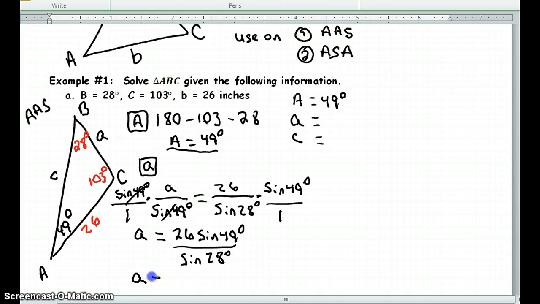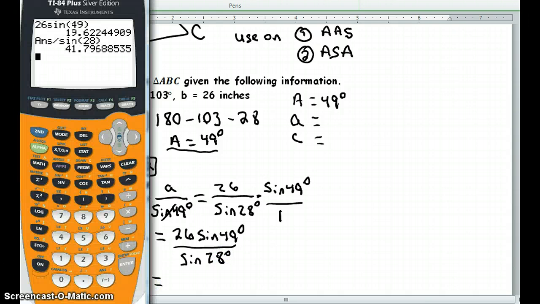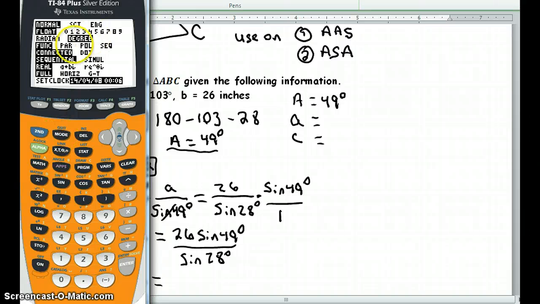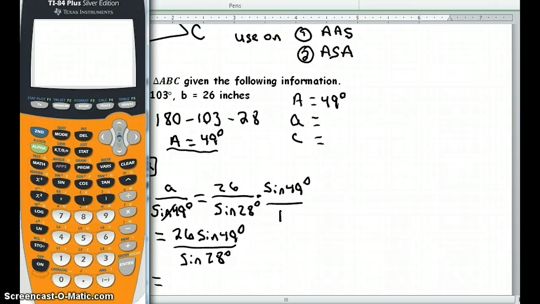And so A will equal, we got our calculator out here. And let me clear this. So the first thing we want to do is make sure we're in degrees. So hit mode, and then I'm in degrees. And then I'm going to hit second, quit. And I'm going to type in 26, sine button, 49.